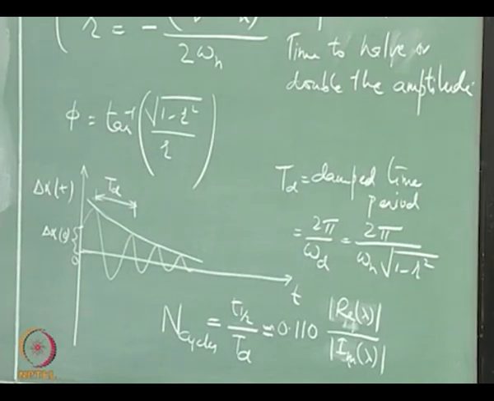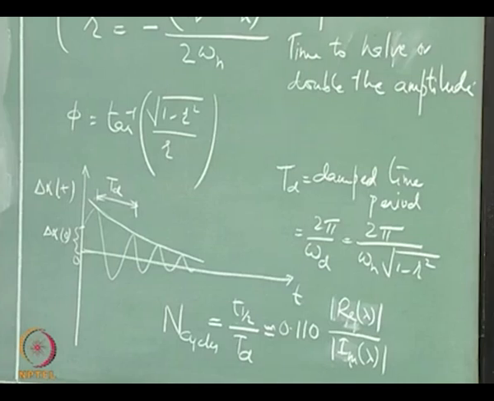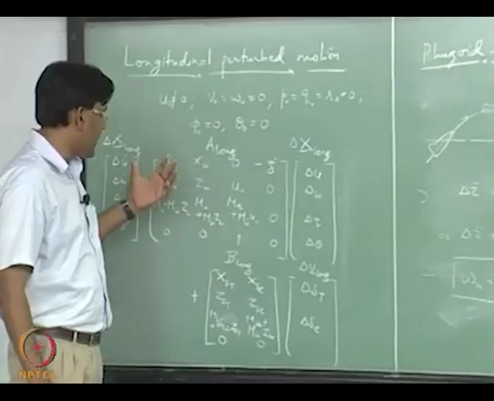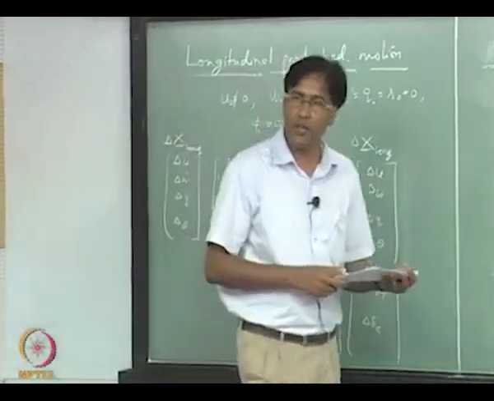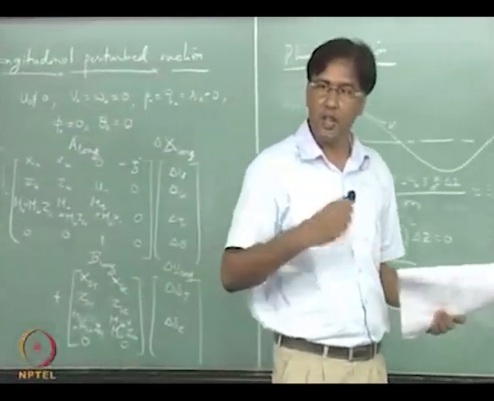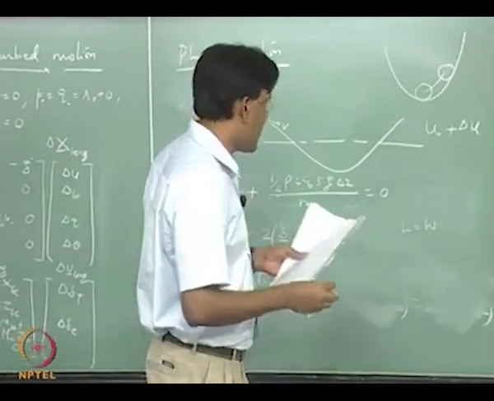So, if I now use some of these physical assumptions and try to look at how we can simplify our linearized equations of motion, then we can probably be able to find out expression for frequency and damping both.